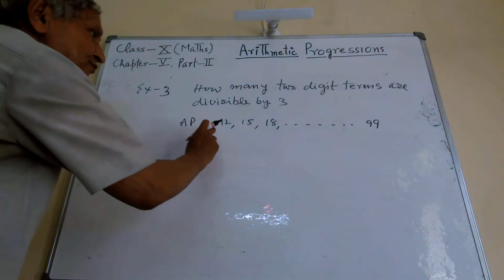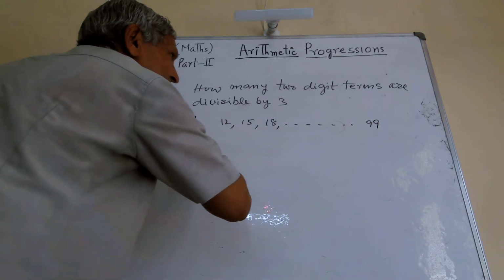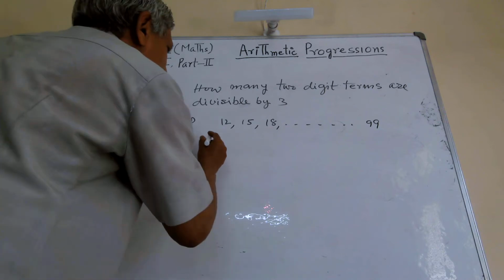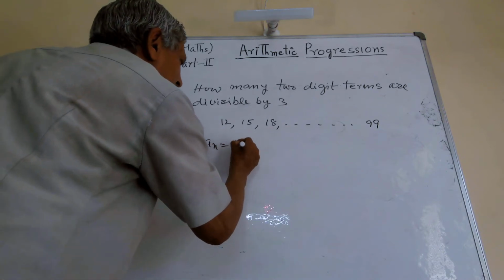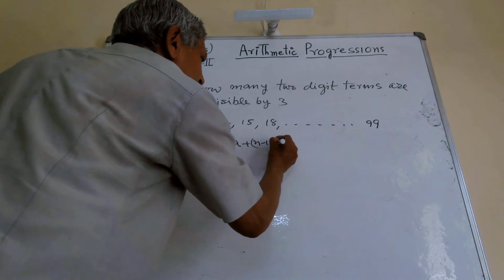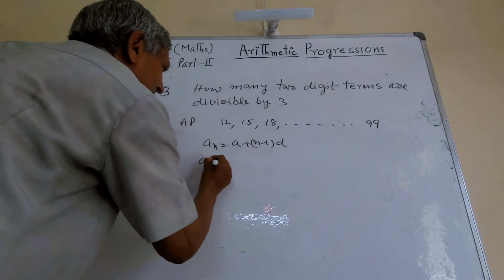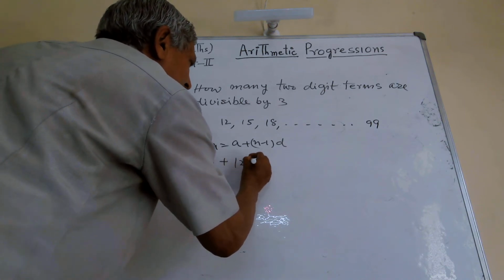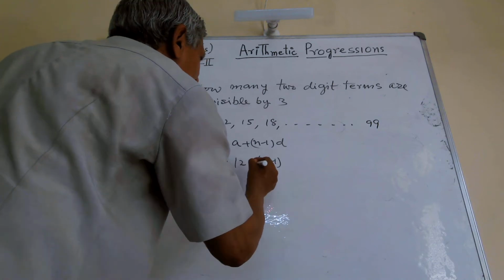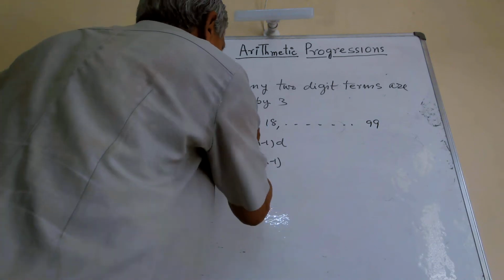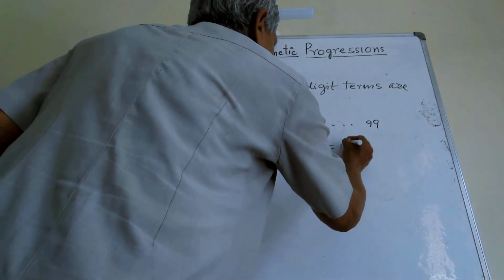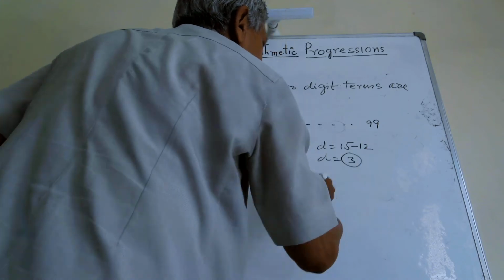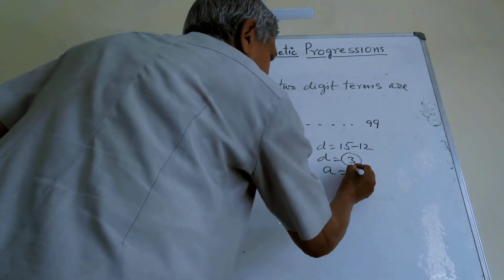Now we have to find how many terms there are. an is equal to a plus n minus 1 into d. What is d? d is equal to 15 minus 12, so d is equal to 3. And a is equal to 12.